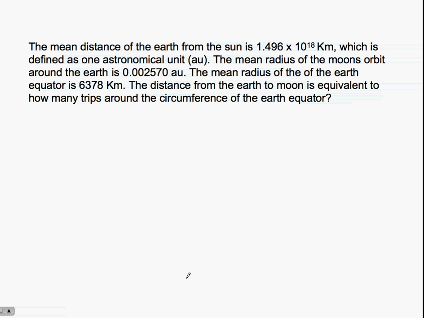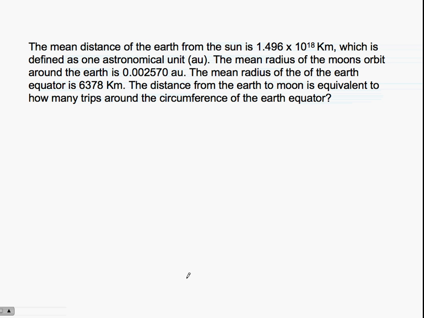The mean radius of the Earth at the equator is 6,378 kilometers. The distance from the Earth to the Moon is equivalent to how many trips around the circumference of the Earth's equator? When you read this, so much information is thrown at you. So calm down. It's not that hard.